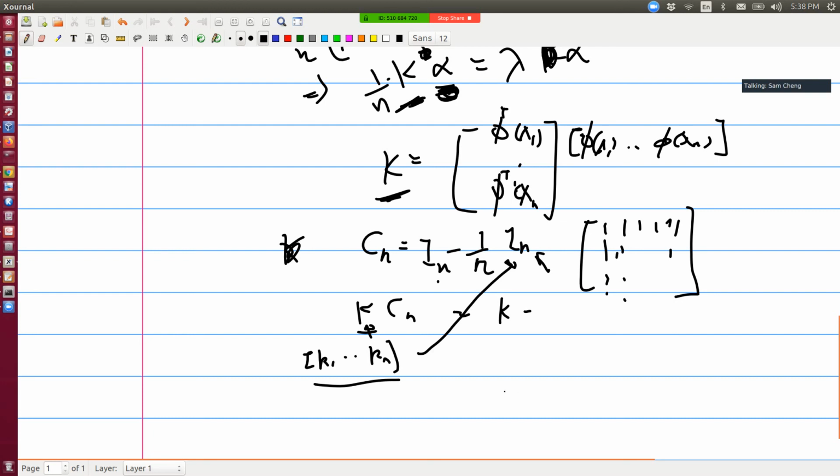And similarly, Cn K will be averaging over all the rows. So if I apply this, it will force the matrix to be zero mean. So instead of working with K, you start with K, but you actually work with K tilde equal to Cn times K times Cn, something like that.